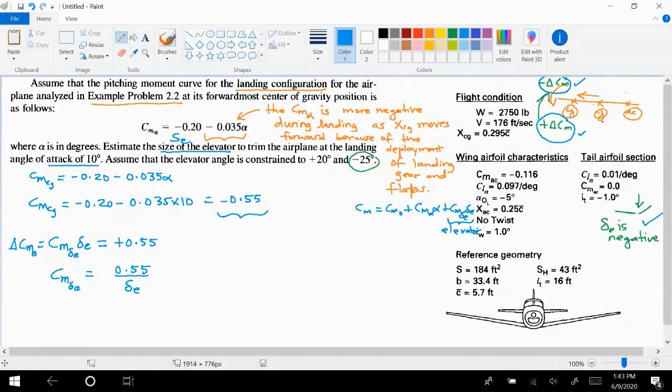So here Cm delta E is equal to minus VH eta CL alpha T times tau, and this is equal to 0.55 divided by delta E. So still, where is this area or size of the elevator?